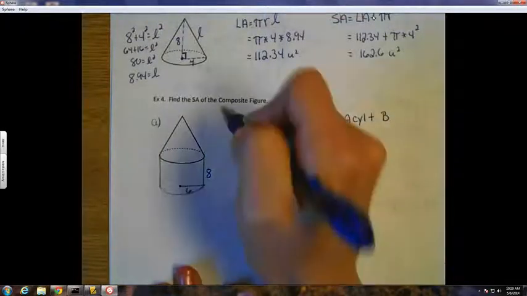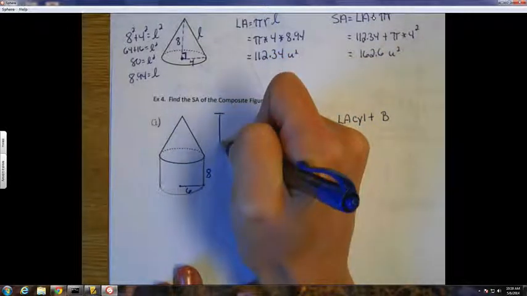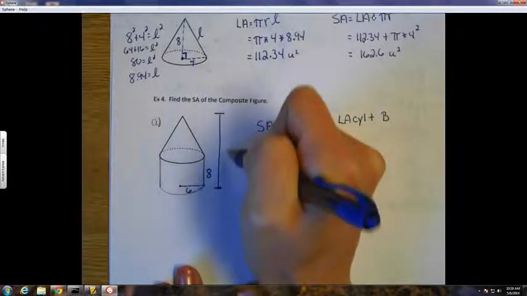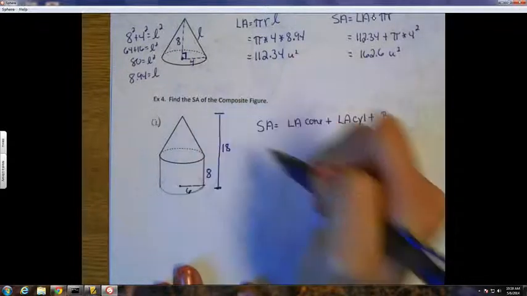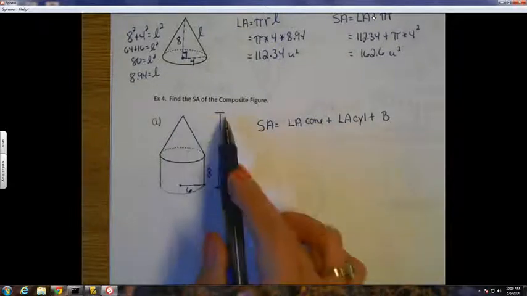And I'm going to give you from the very top all the way to the bottom. It's going to be 18. Is that it? Yep, this one's 2. Like 4? Yeah. Okay, it looks like my line's a little bit higher, but it's supposed to be even with the vertex and then even with the bottom there.